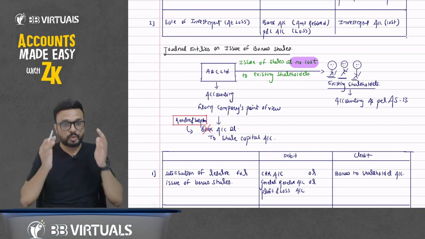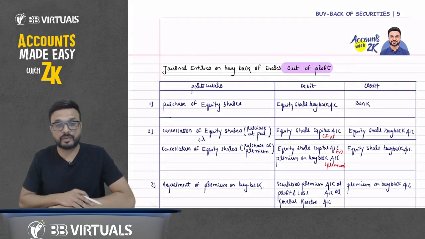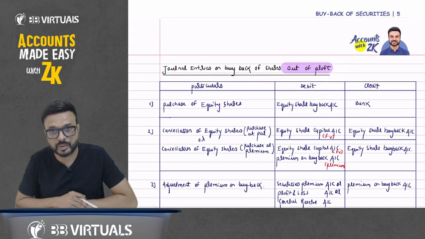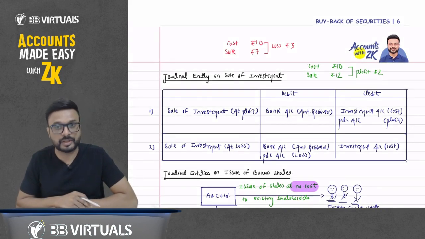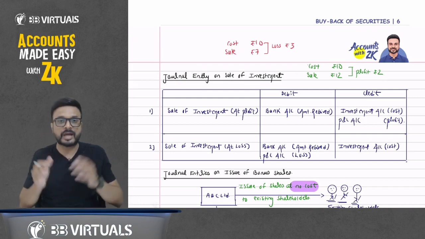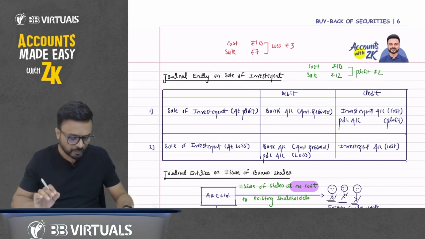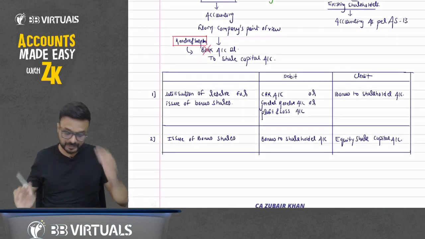Right now you just have to know what entries we pass for buyback out of profit, buyback out of fresh issue of shares, sale of investment, and issue of bonus shares. You just have to know these entries. Now I am coming to the question, but before I come to the question, there is a very important point that I want to discuss with you about when you prepare the balance sheet.